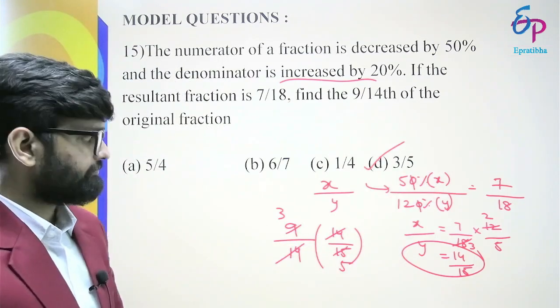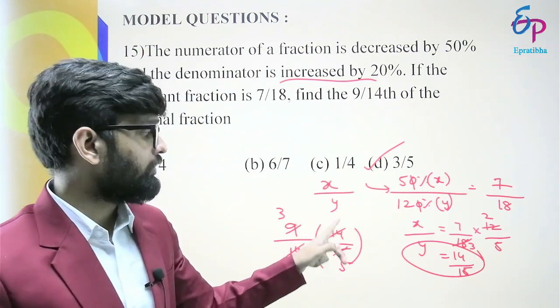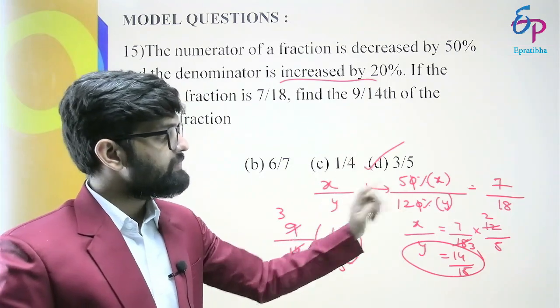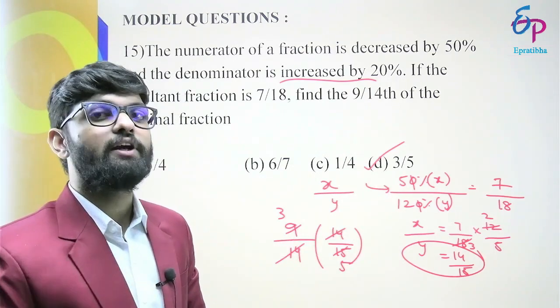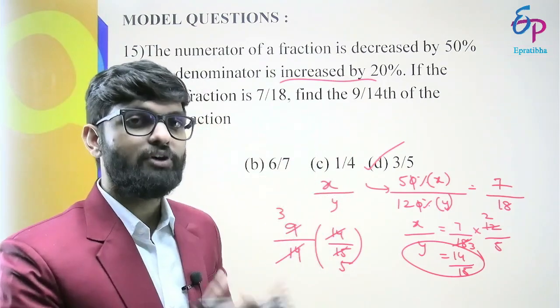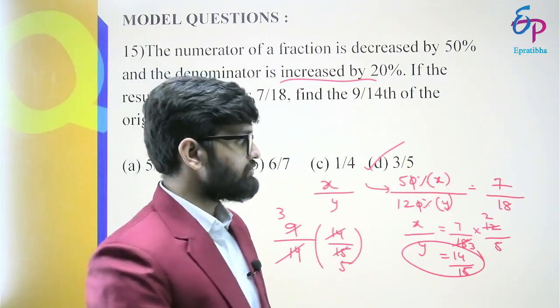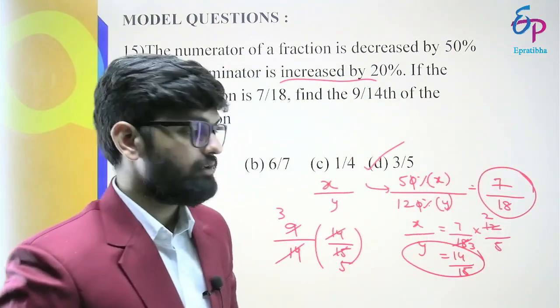Clear or not? I hope this is clear for you, because this is very, very important. So for x by y, if it got decreased by 50%, I am writing it as 50% of x. If it were increased, I would have written it as 150% of x. Similarly, if it is getting increased by 20%, I write it as 120% of y, so that the resultant becomes 7 by 18.